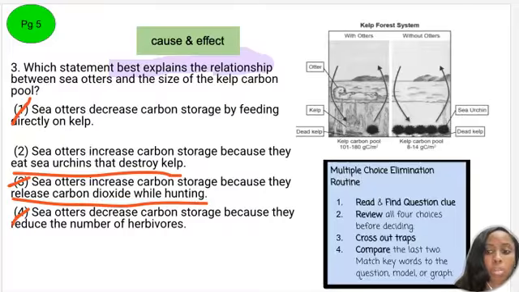CO2 released by otters while hunting isn't the reason why the kelp carbon pool changes in the model. The reason why it's changing is because the sea otters are eating the sea urchins that destroy the kelp. So our final answer for this one is question number 2.